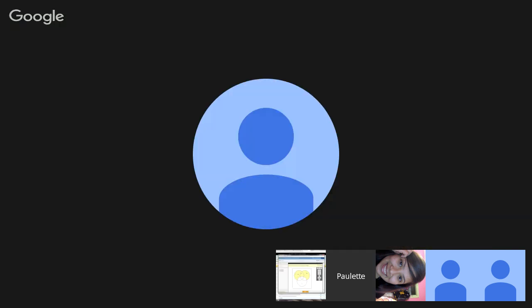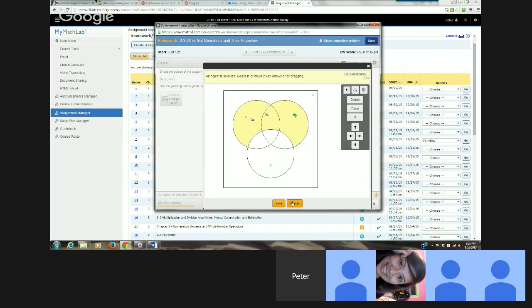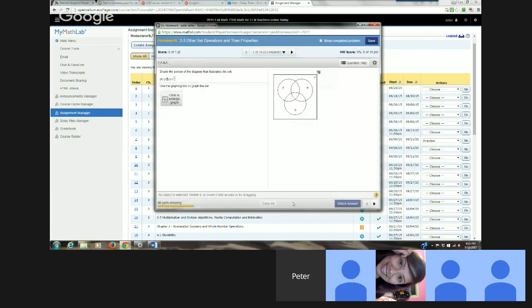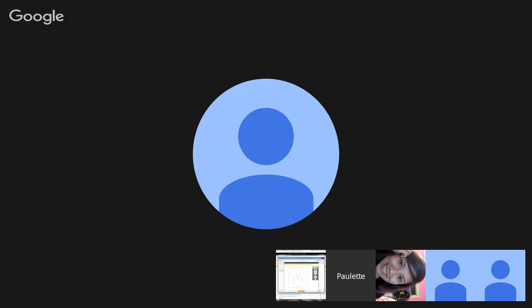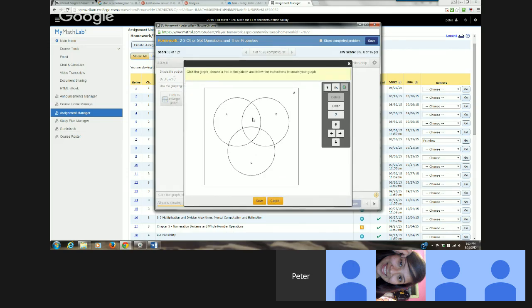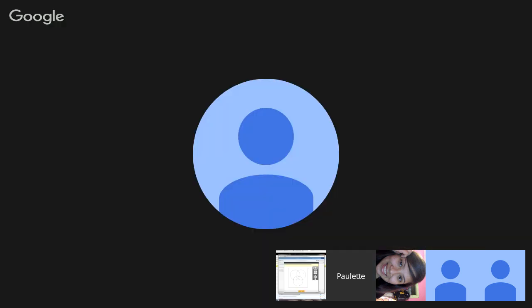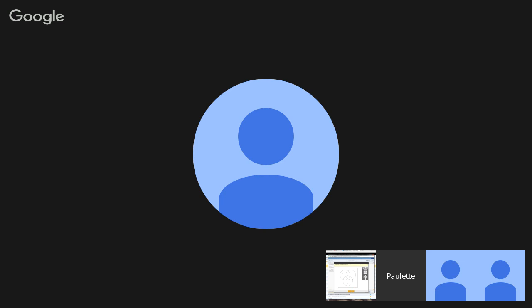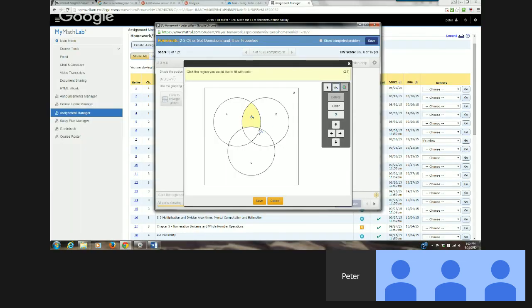Okay, and what about if it was just A intersection B? If it was A intersect B? A intersect B would be these 2 middle pieces right here. It's what A and B both have in common.